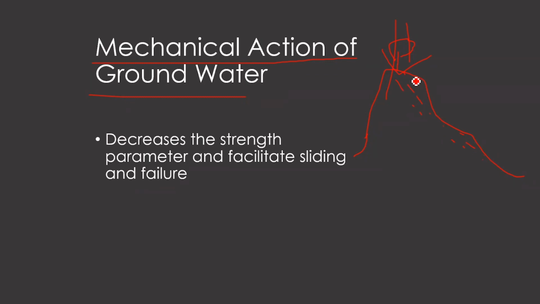This movement of water in the hilly terrain may lead to decreasing the stability of the particles, and they may fall down, or start moving in the downward direction by the force of gravity also. So gravity and water will act together to decrease the stability, and it will lead to the failure of the slope.